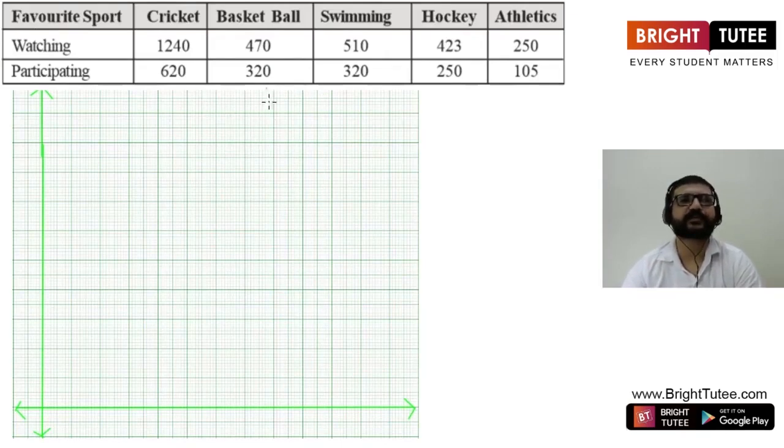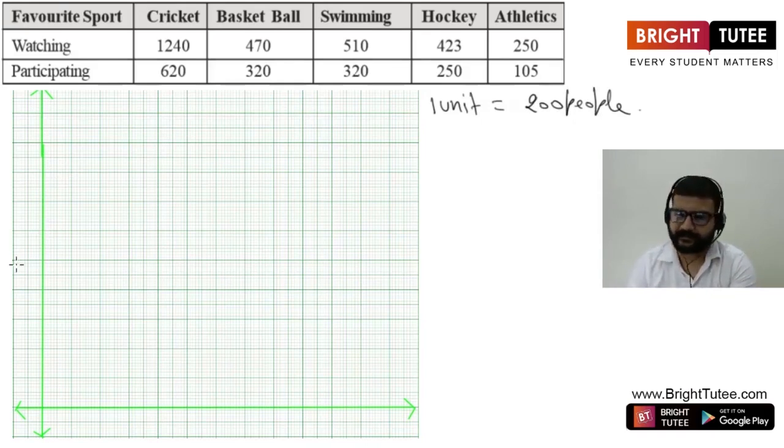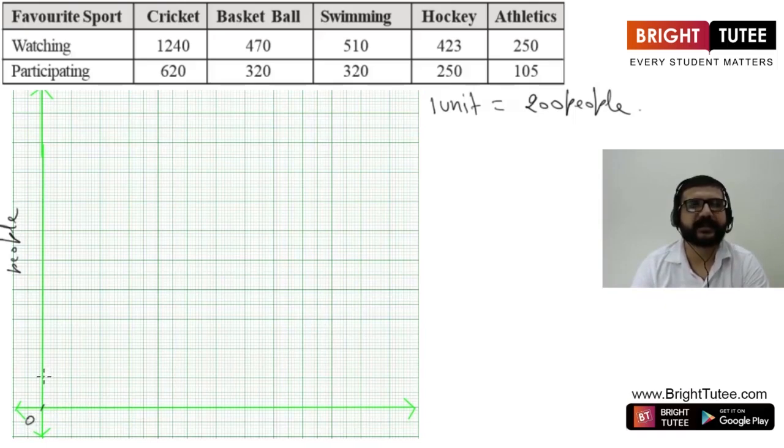First of all, we have to choose a scale. Now according to the data given to us, we can choose the scale as 1 unit is equal to 200 people. Now the vertical line here will be representing the number of people, or we can simply write people here. Since the scale is 1 unit equal to 200 people, let's mark the numbers on the vertical line.